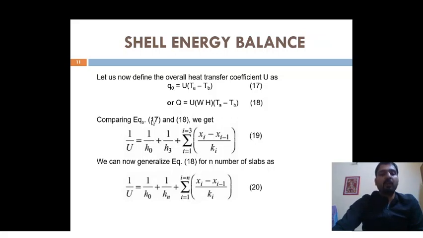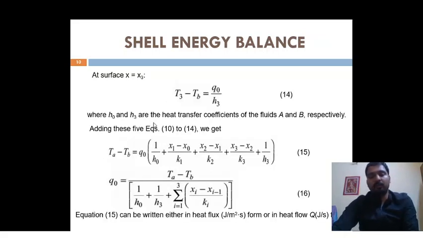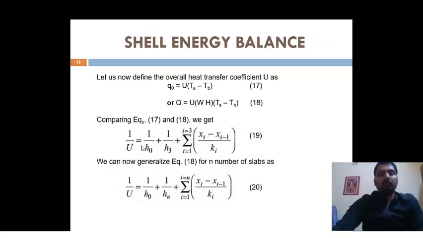Now comparing equation number 17 as well as equation number 16, we get 1 upon U is equal to 1 upon h0 plus 1 upon h3 plus the summation over i equal to 1 to 3 of (xi minus xi-1) upon ki, which is denoted in equation number 19.